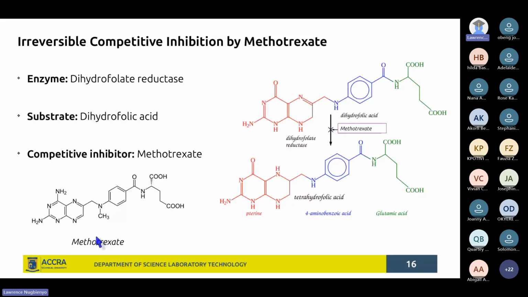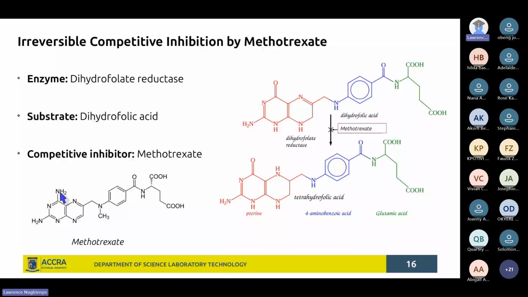And you see that if you look at the structure, you can clearly see that methotrexate looks very, very much alike dihydrofolic acid. So that medicine is going to be much more specific, because you see the differences are maybe just that methotrexate has an amine group.